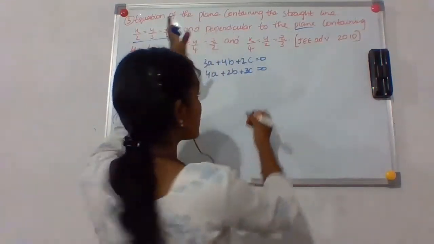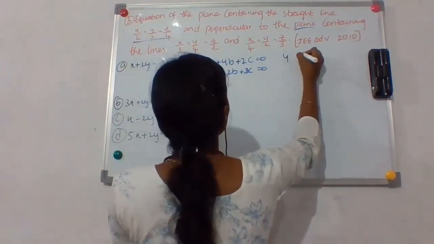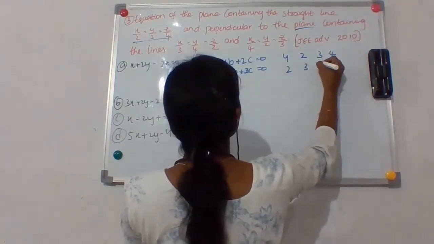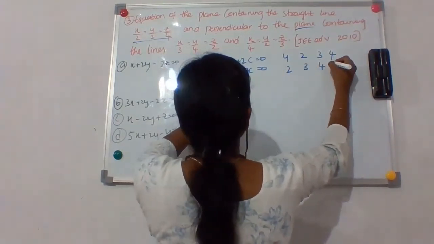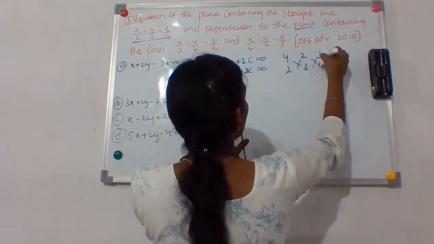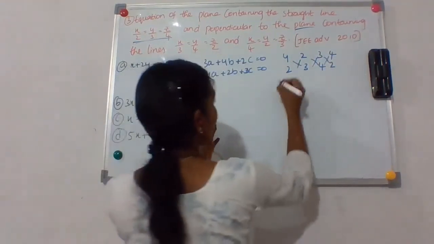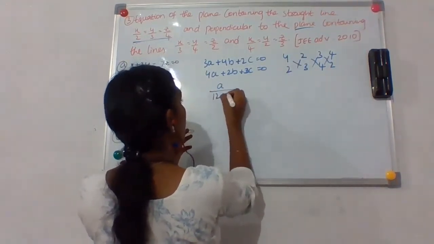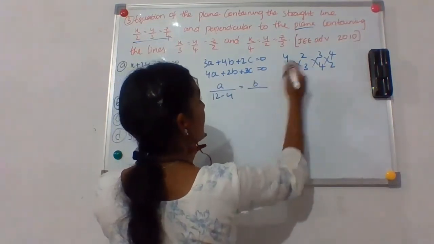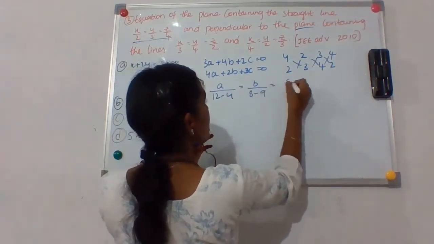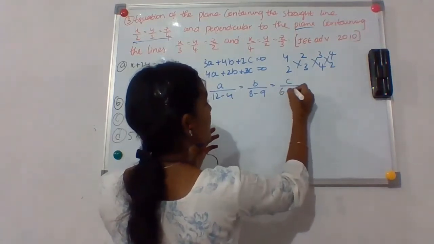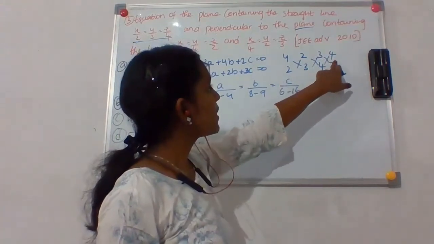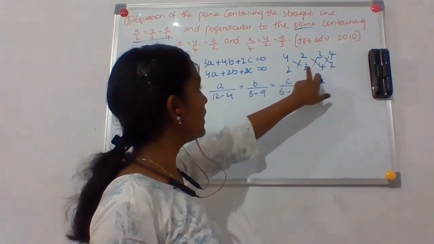I'll solve the two equations also for you. Okay. So now I get A by 12 minus 4 is equal to B by 8 minus 9, that is equal to C by 6 minus 16. Am I right? So 6 minus 16, 8 minus 9, 12 minus 4.